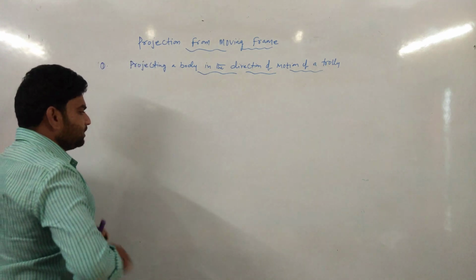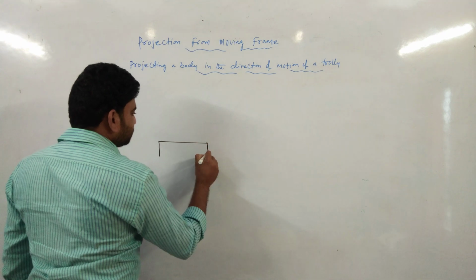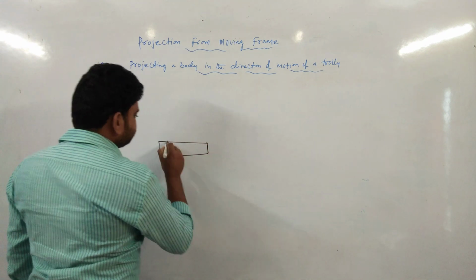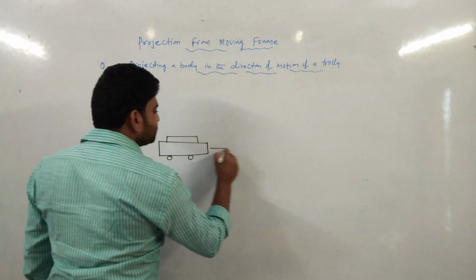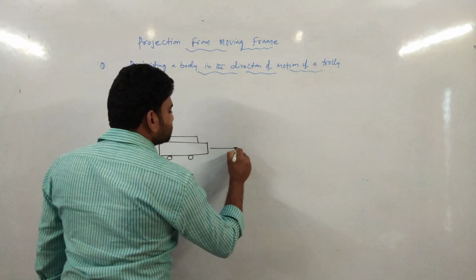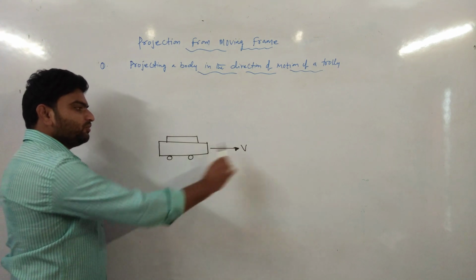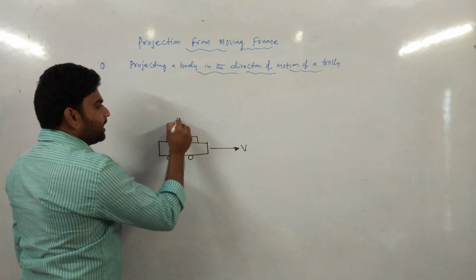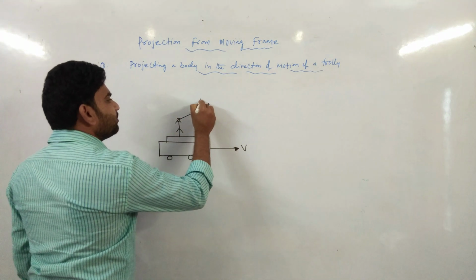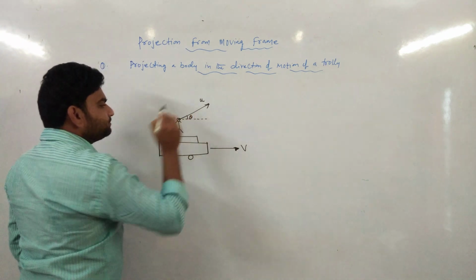So now for that, I am just considering one trolley here. Say this is my trolley, and this trolley is initially moving in this direction with a velocity v. Got it? And say here one person is there and he is projecting a body with a velocity u, so that it is making an angle theta with the horizontal, right?